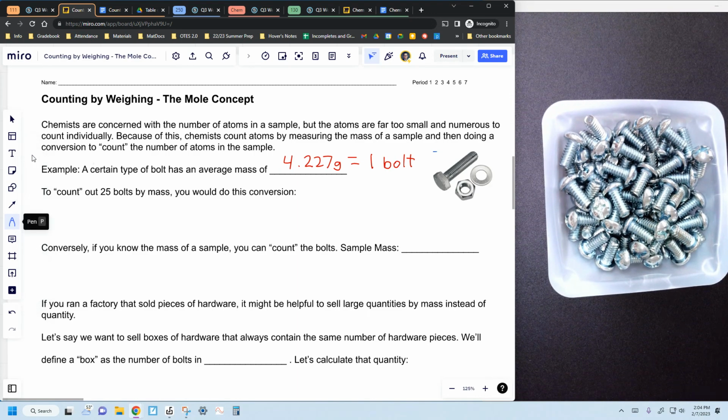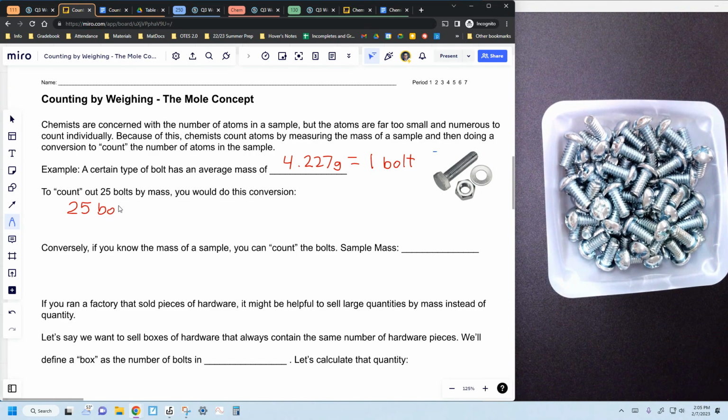So let's say I want to count out bolts, but I don't want to count them because I want to do it quicker, right? If I want to count out 25 bolts, the way I'm going to do that is a calculation with a conversion factor, just to make sure I'm doing it right.